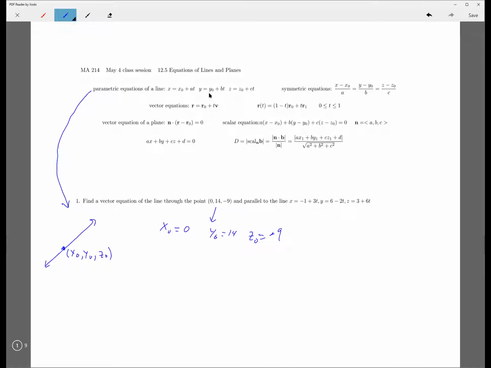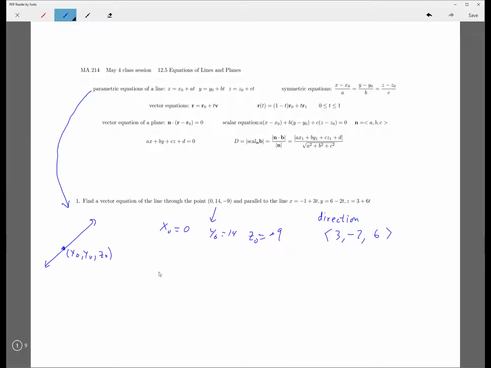Okay, and then the other thing is they want a direction. So here they've given us another line, and this line right here goes through the point -1, 6, 3, and it's in this direction, 3, -2, 6. So this right here gives us a direction. Okay, so that's 3, -2, 6.